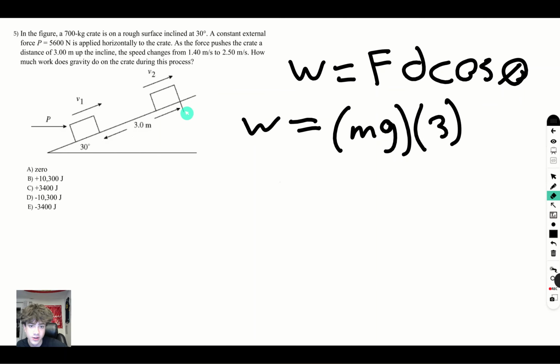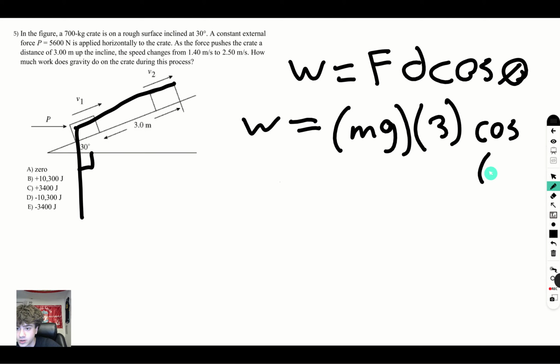We can see here that our angle is 30 degrees, but since we are not measuring it from the horizontal, we're measuring it from this line straight down. It'll be 30 degrees plus this 90-degree angle here. So 30 plus 90 will give us an angle of 120 degrees. So cosine 120 degrees will be our value here.